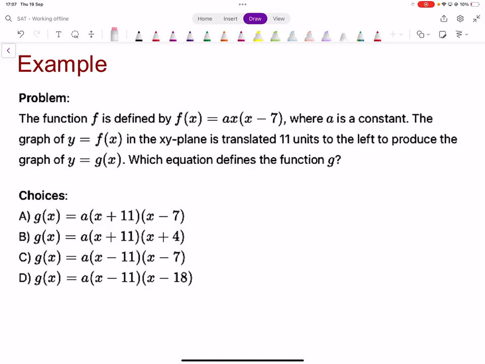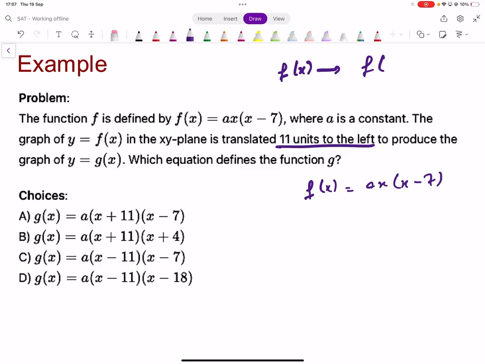The function f is defined by f of x equal to ax into x minus 7, where a is a constant. The graph of y equals f of x in the xy plane is translated 11 units to the left. What does that mean? f of x goes to f of x plus 11. Horizontal or vertical?